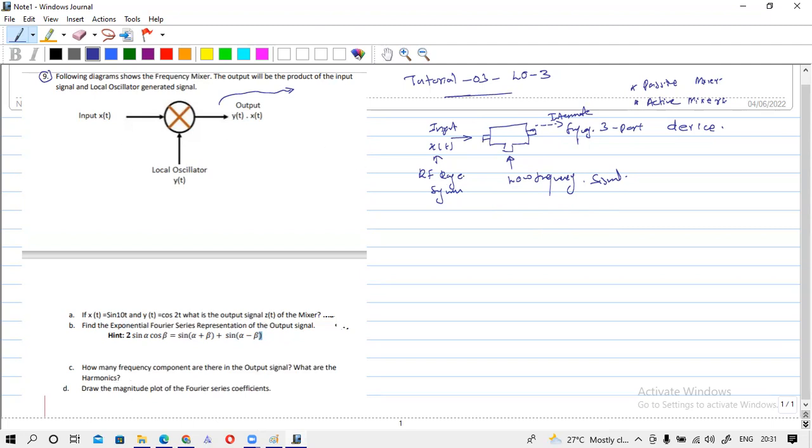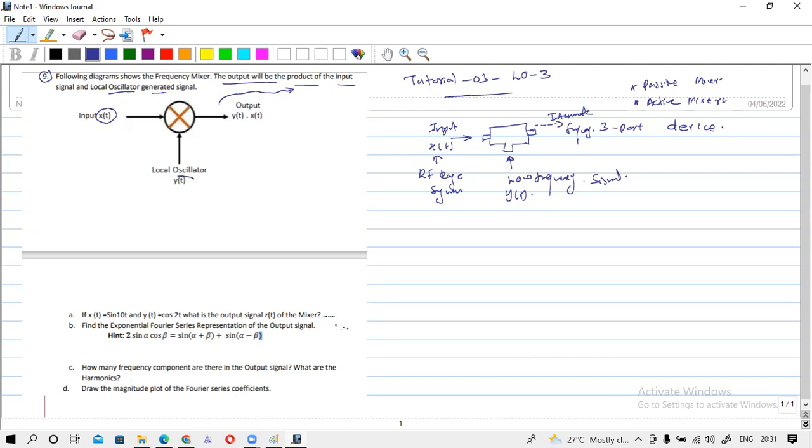So we will see this. Here we have one input x(t) and another input from a local oscillator, that is y(t). The output will be the product of the input and the local oscillator generated signal. So the output will be the product of these 2 signals.